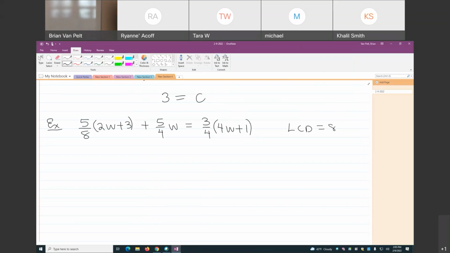And then what I'll do is I'll just do 8 times this first thing, 8/1 times the second thing. So see here, I can wipe away these 8s.